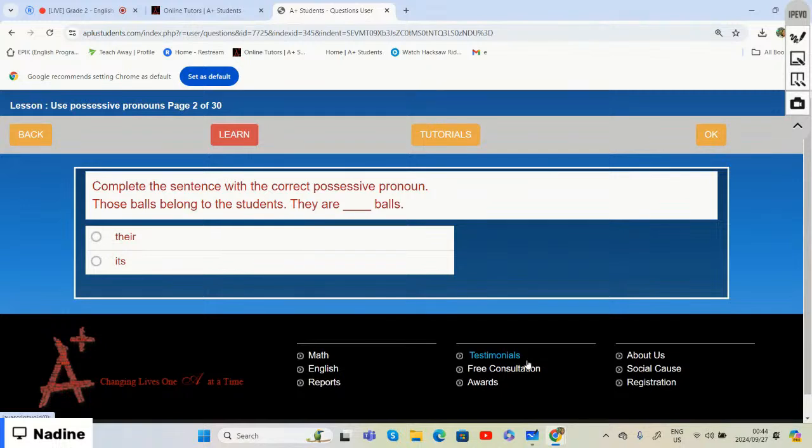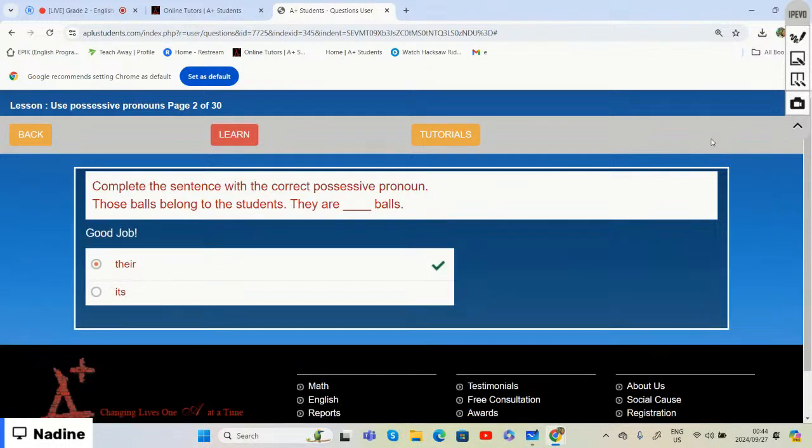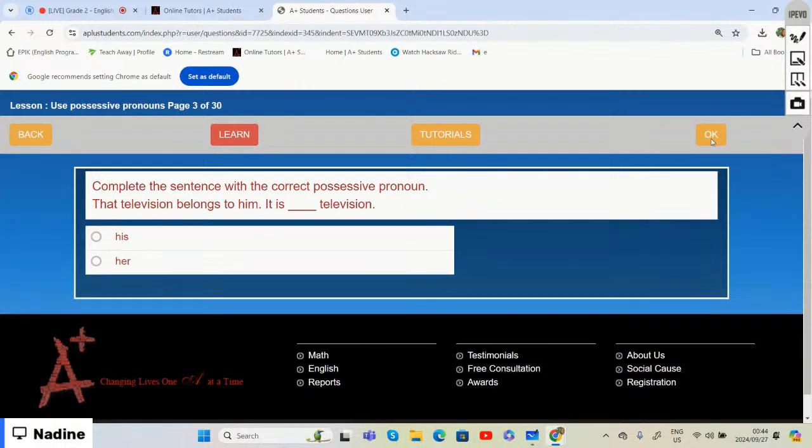Which one is correct? If the balls belong to the students, then we can say it is their balls. So their is correct.